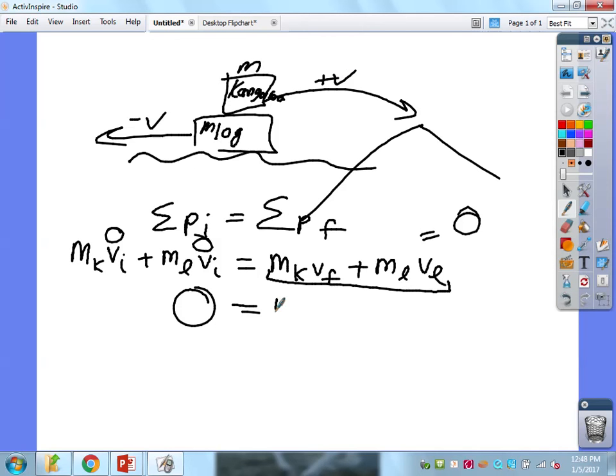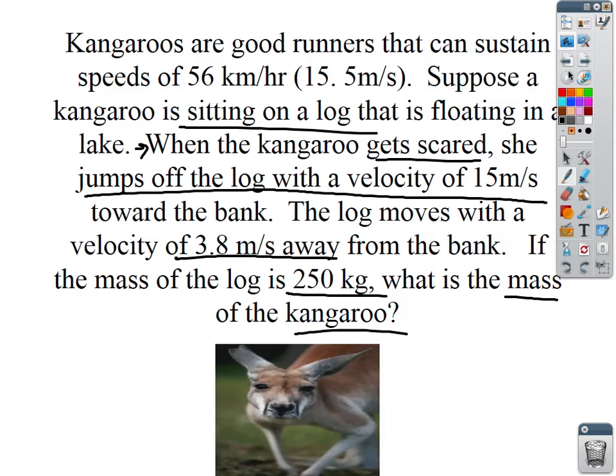And so if I rewrite this out, I get mkvf. I'm going to write minus mlvl because it's going to be a negative velocity. If I put it to the other side, I just set the 2 momentums equal to each other. They must have the same magnitude momenta, but obviously opposite directions. And now I can plug everything in.